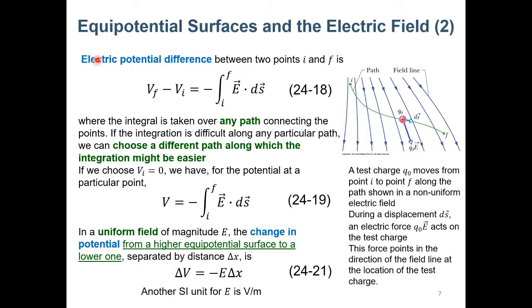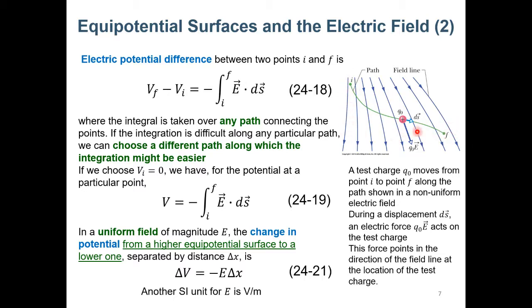Suppose a charge Q0 is moved from I to F, the initial to the final position. The electric potential difference is Vf minus Vi. You can define the electric potential at this point and this point also.